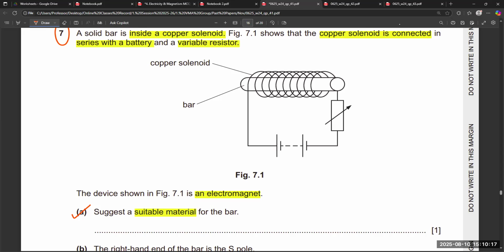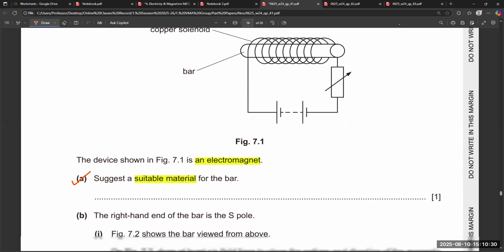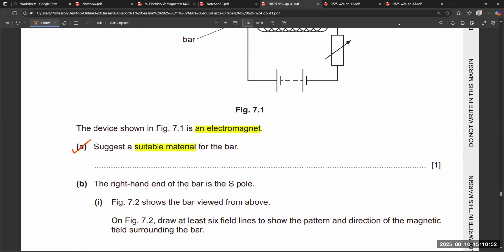If we use steel and turn on the current in the circuit, that steel will get permanently magnetized and then it will be difficult to unmagnetize it. That's why we always use iron or soft iron for electromagnetic material, because it can easily magnetize and demagnetize. So we use soft iron.